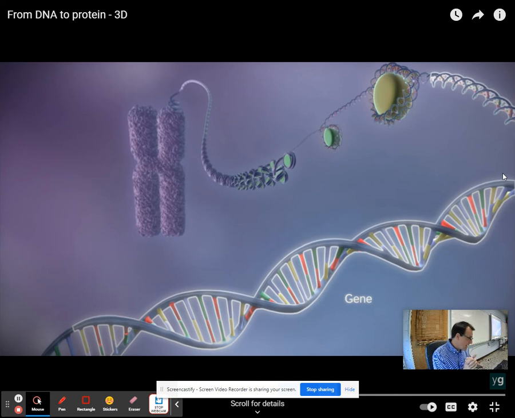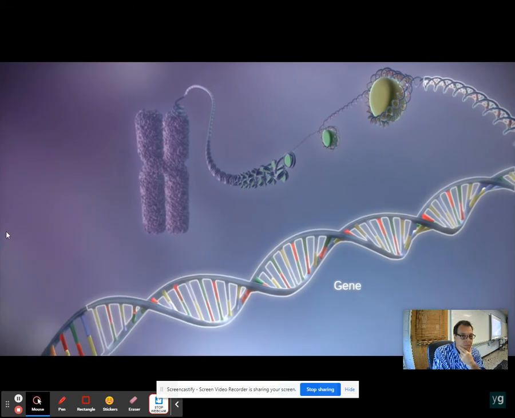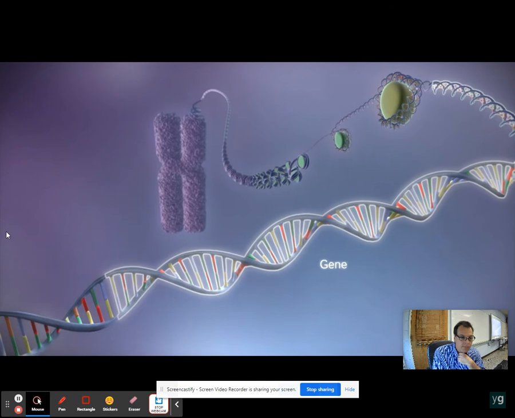Okay, so when we talk about how we inherit certain traits from our parents, the set of instructions that code for those proteins is the gene, right? We are a reflection of collections of proteins. And so the instructions for making these proteins are the genes. These genes contain the instructions for making proteins.